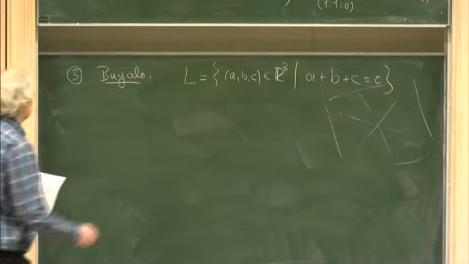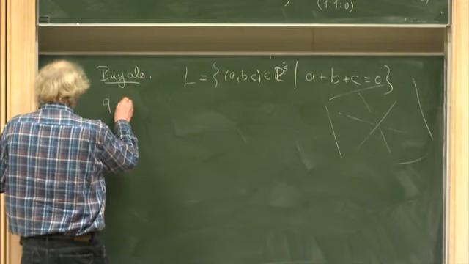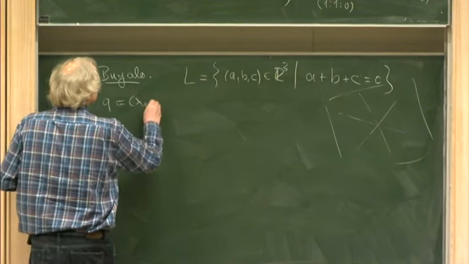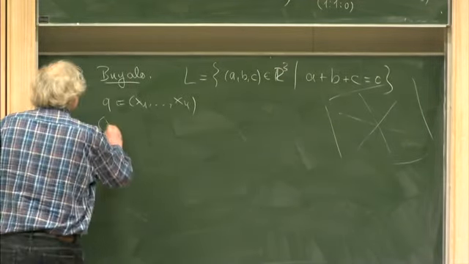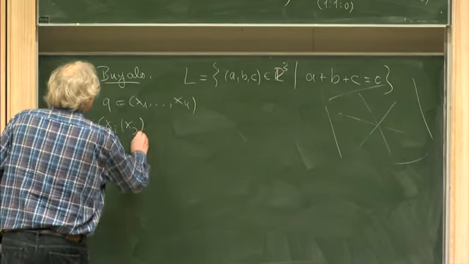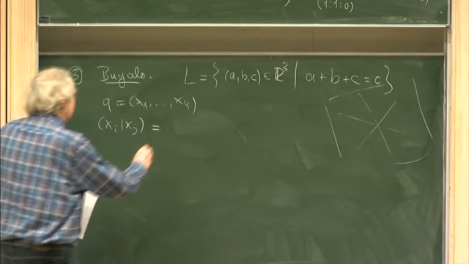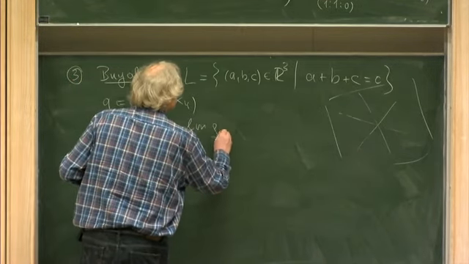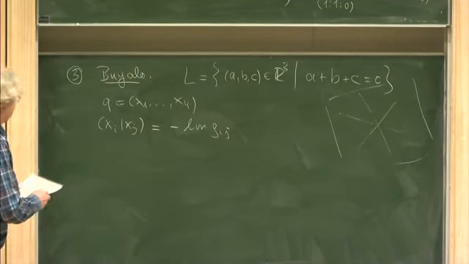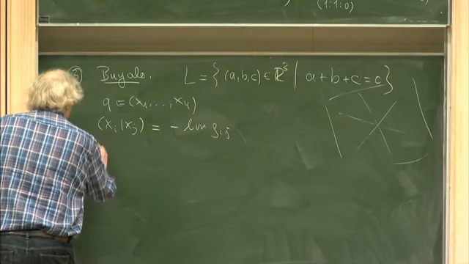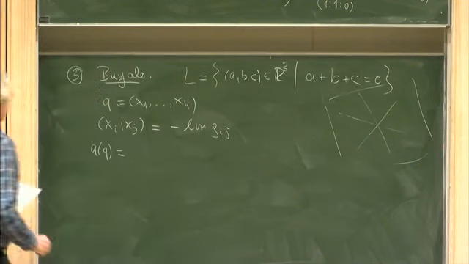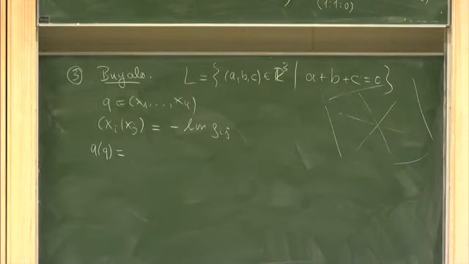And for a quadruple Q, you define, with the Gromov product, minus the logarithm of rho ij, and you define A of Q. So in some sense you take the logarithm of the corresponding cross ratio.